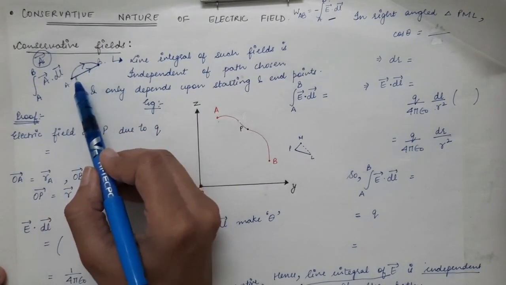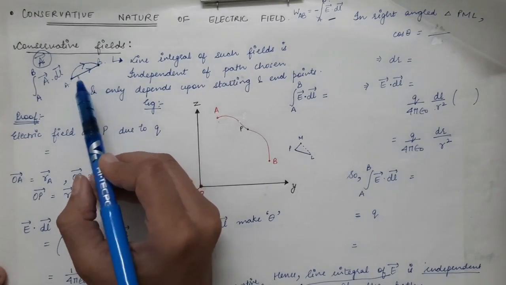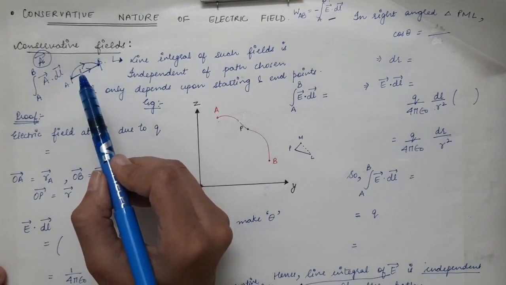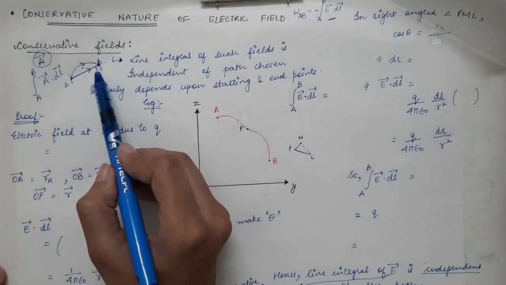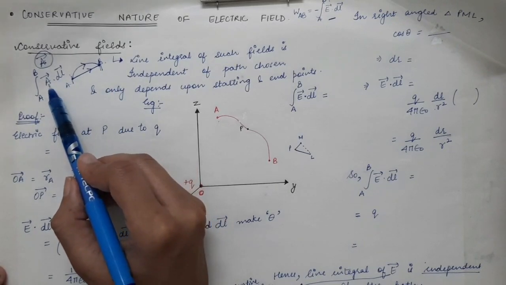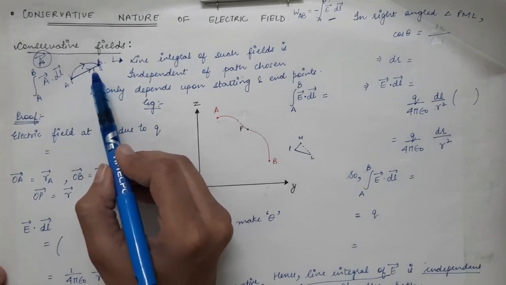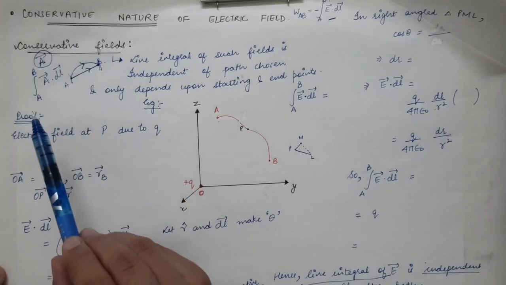field is independent of the paths you are using, provided that the initial and the final points are the same. So if the initial and the final endpoints are the same, then the line integral of that vector field will be independent of the path chosen by you. That type of field is called a conservative field.